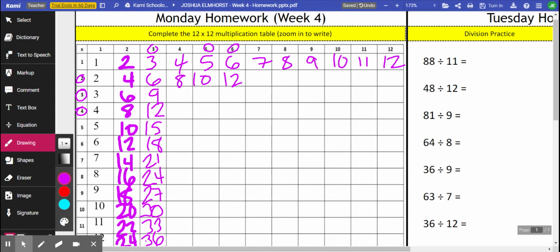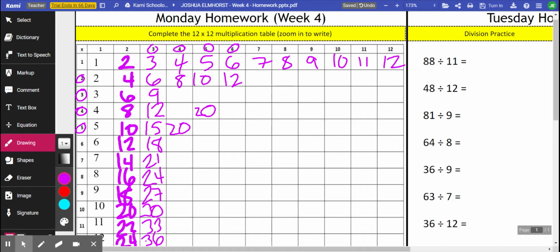Depending on which digit is first, you're still going to come up with the same multiple. A better example would be 5 times 4 is 20, but the same thing, 4 times 5 is also 20. Okay, so you're just filling this in as we go through.